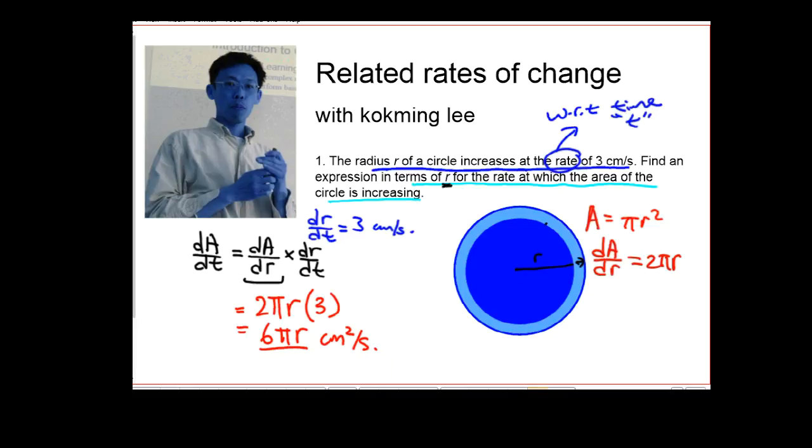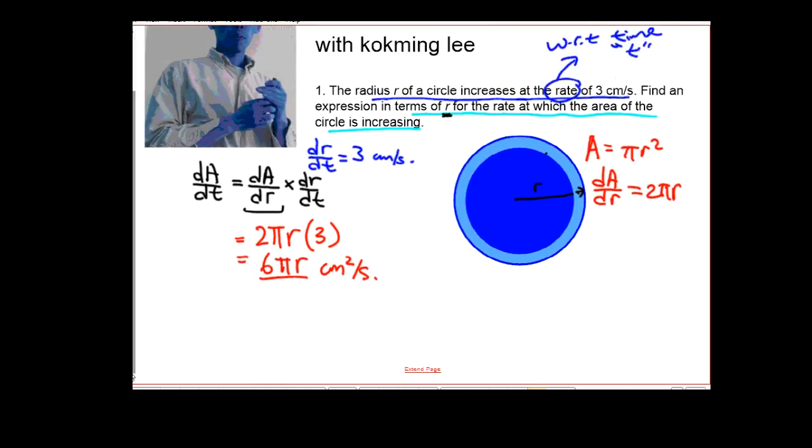That's it. Now this question usually doesn't stop here. Usually people will ask, for example, what is the rate of expansion of the area when the radius is 5 cm? So in this case, you would have to do something extra. If you want to find out the rate of increase of the area when the radius is 5 cm, then I simply put 5 into r.